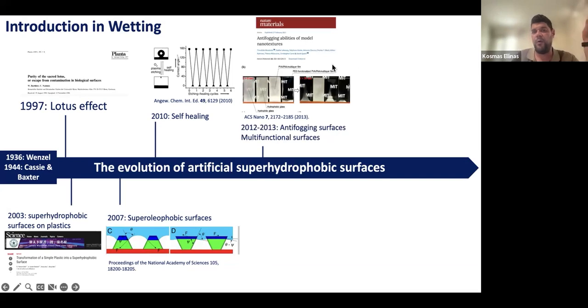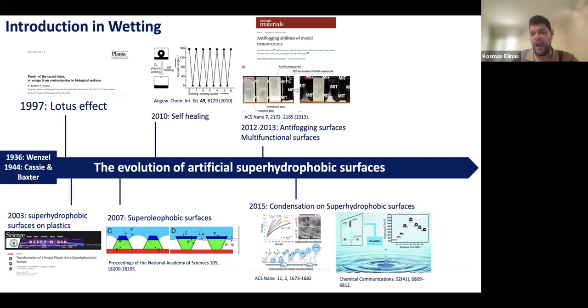Other people worked on how to achieve other functionalities coming from the wetting properties control, like the antifogging surfaces here. How we can use this kind of wetting control on other phenomena, like the phase change phenomena and the condensation on this kind of surfaces.